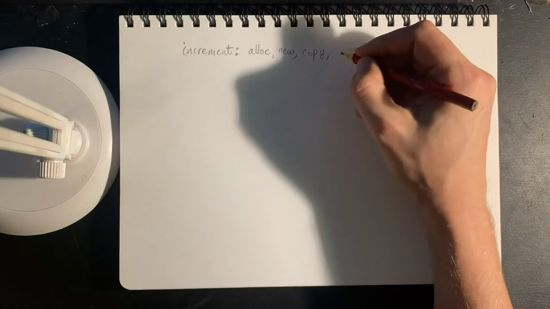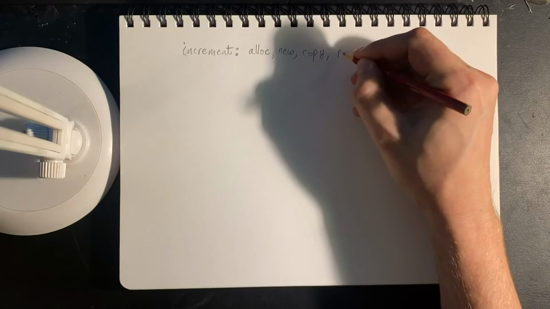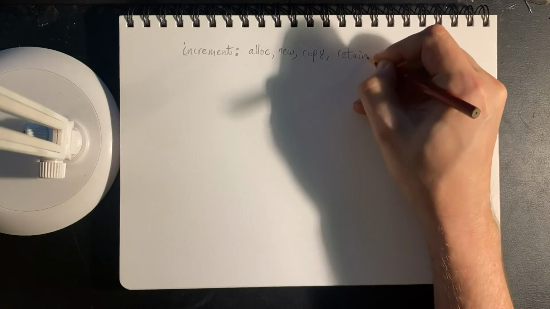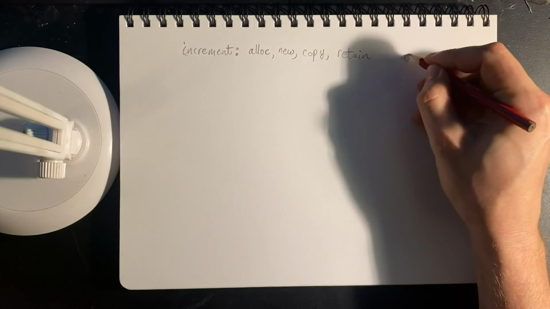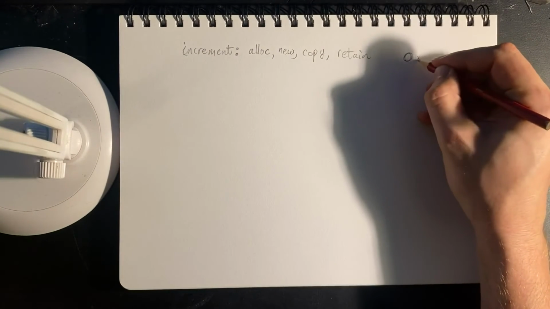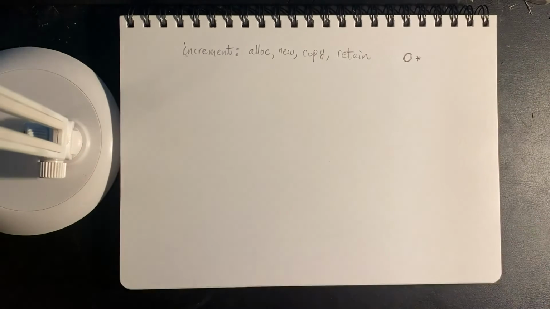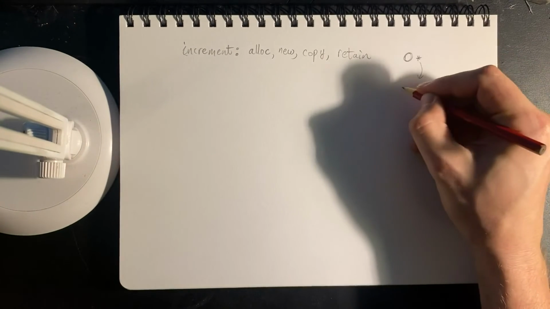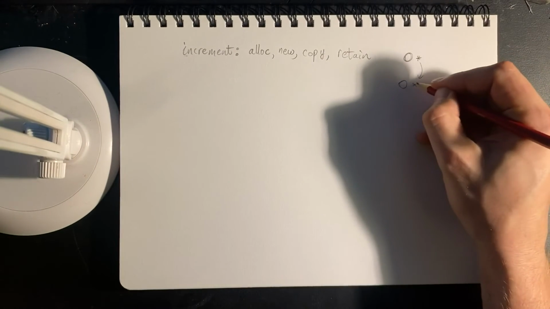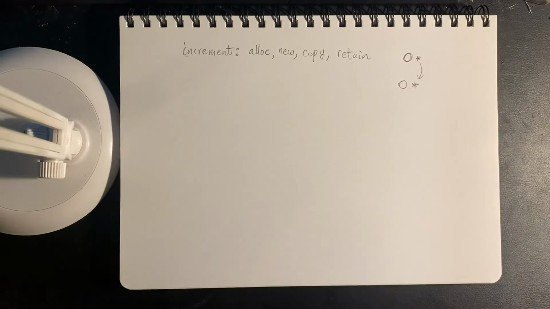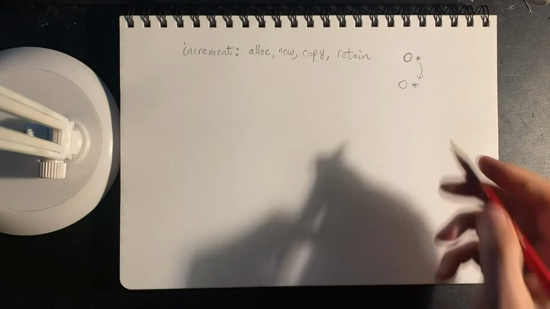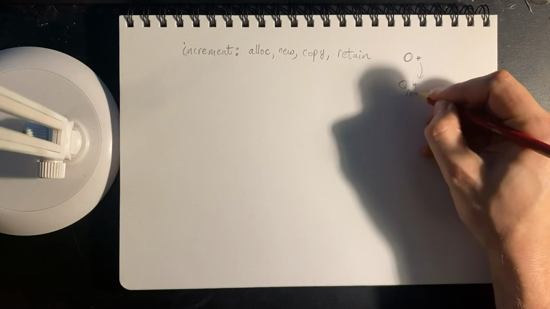There are a few others, but anyway. And then we can call retain. Now retain is when we have class A, instance A, which owns an object, and it passes that over to another instance or another class, and the other thing calls retain.